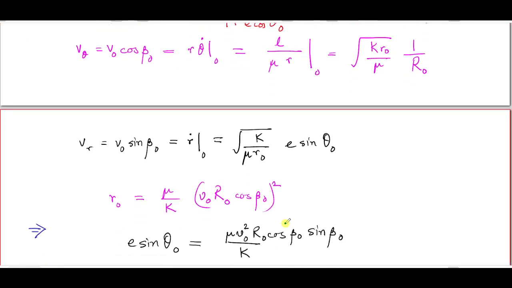Now, this expression can be rewritten for e sine theta 0, and once you use the value of r0 here, this becomes mu v0 square r0 over k cosine beta 0 times sine beta 0.